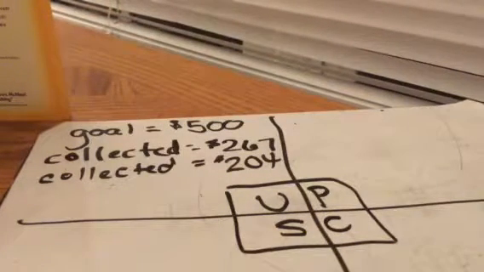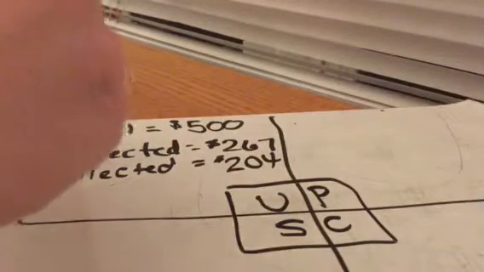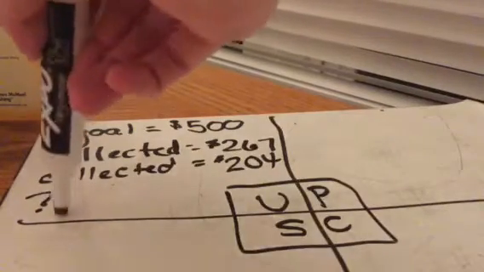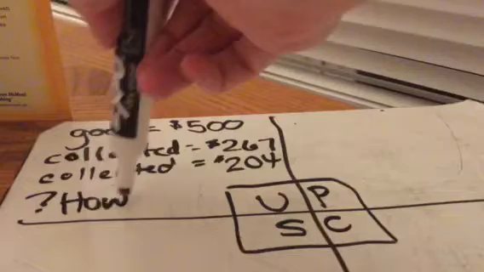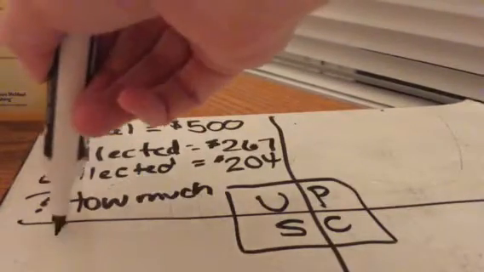The next sentence says, how much more money does Linda need to raise to reach her goal? Question is always important. So we're being asked how much more money to reach goal.